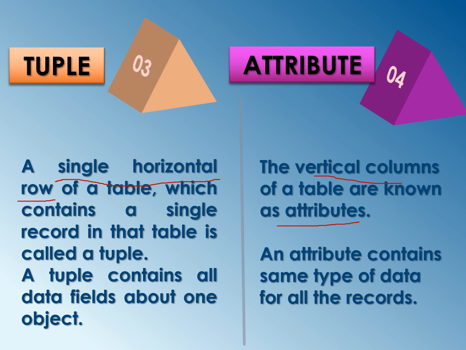An attribute contains the same type of data for all the records. Like we have seen in the previous one, the attribute student ID contained all numeric data. For all the students, it contained the same kind of data, that is the ID, right?